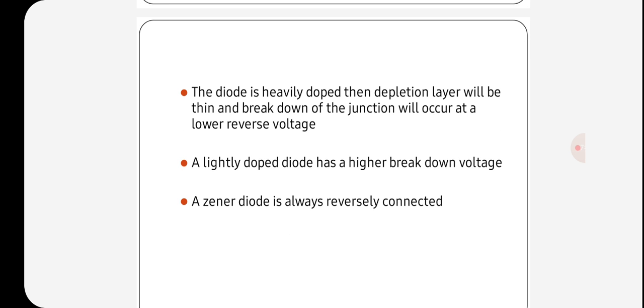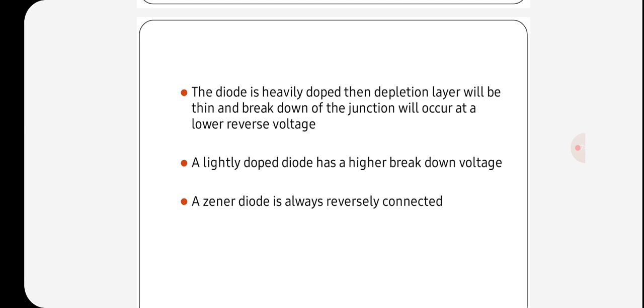If the diode is heavily doped, the depletion layer will be thin, and the breakdown of the junction will occur at a lower reverse voltage. A lightly doped diode has a higher breakdown voltage. A Zener diode is always reverse connected.